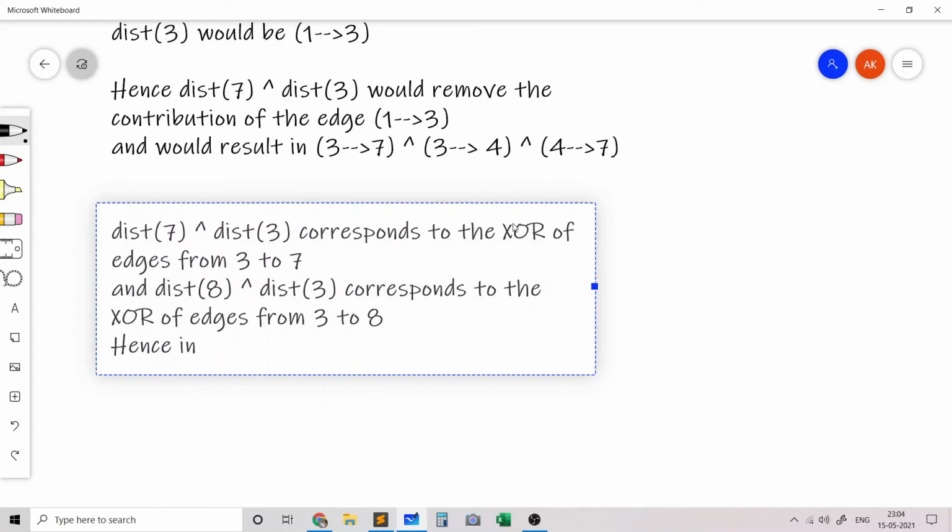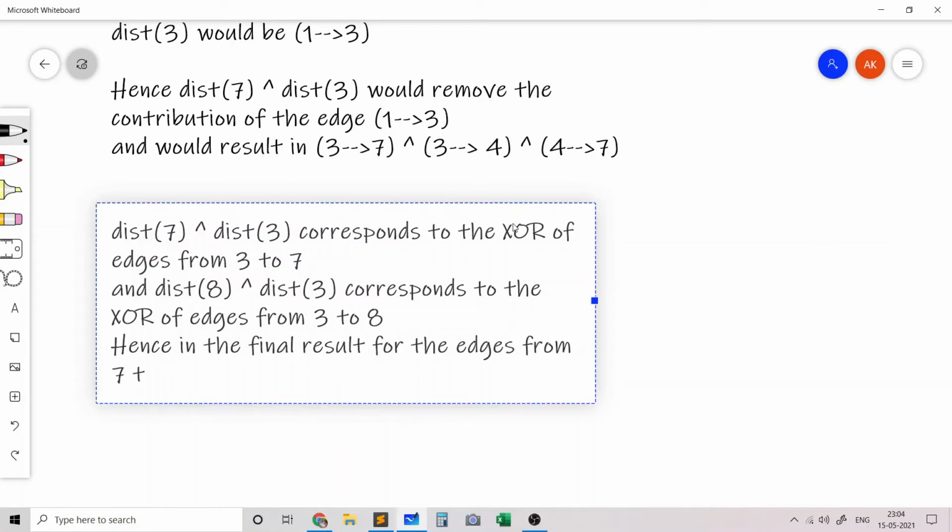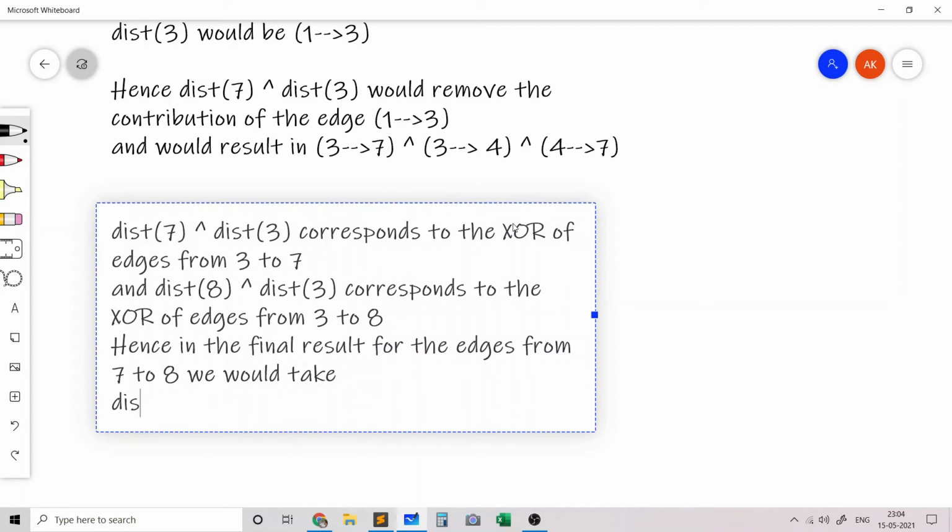Hence, in the final result, for the edges from 7 to 8, we would take distance of 7 XOR distance of 3.